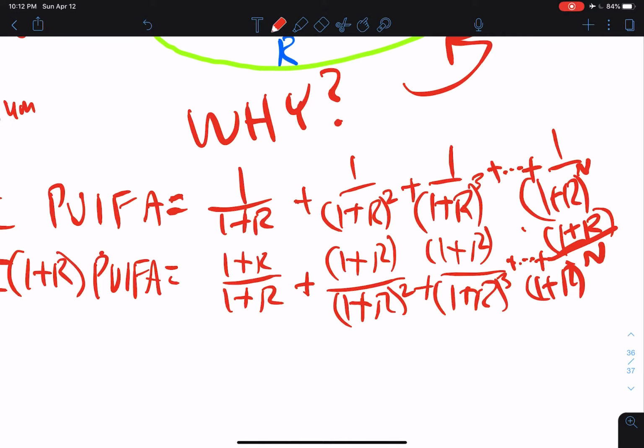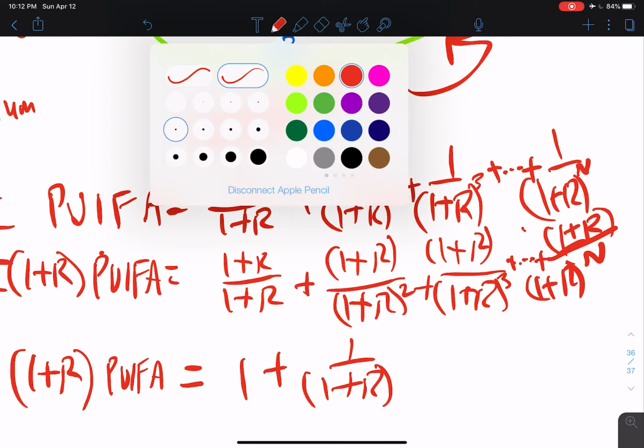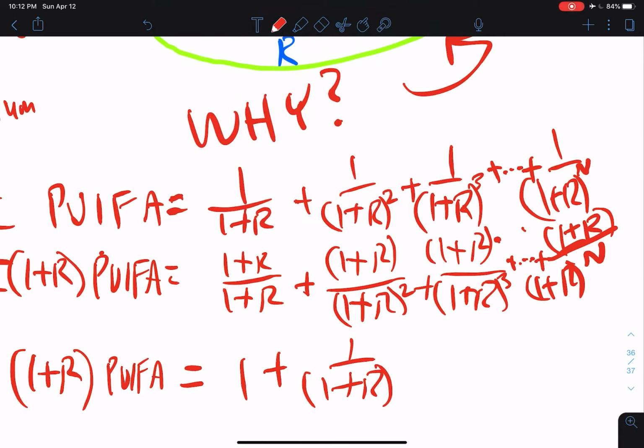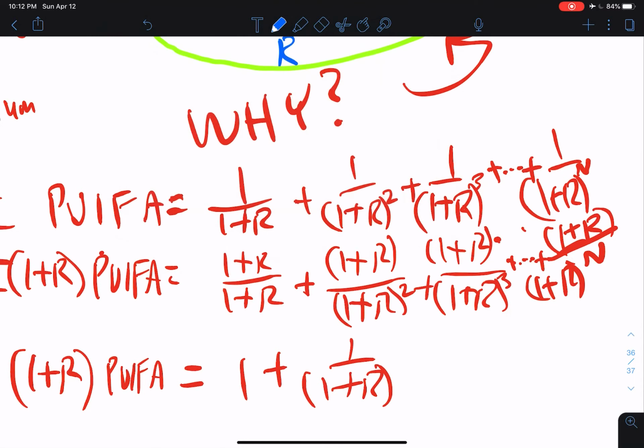Well, let's see what we have. Over here we've got 1 plus r times PVIFA. Over here, the first term is 1, and the second term ends up being 1 over 1 plus r. And this term right here becomes 1 over 1 plus r squared.